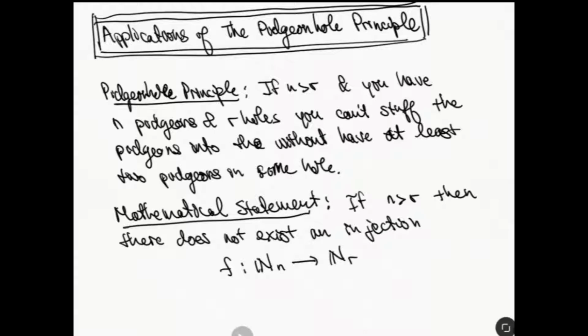You cannot inject the pigeons into the holes. Here we're using the notation that n sub m, for a given natural number m, is just the set of the first m natural numbers.